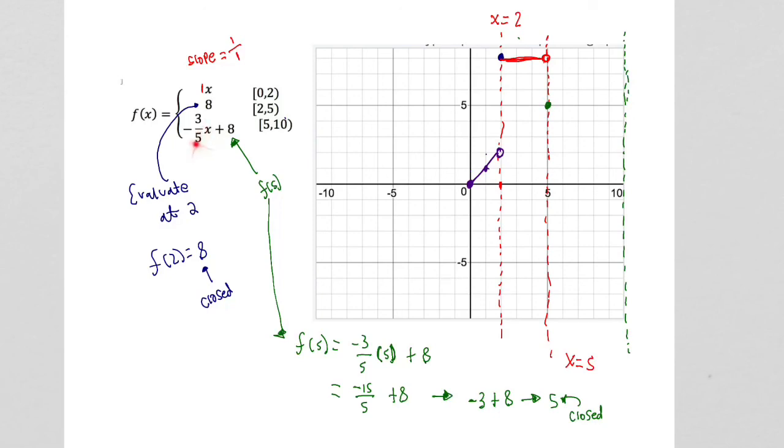The slope for this third part is negative 3 over 5, or you can say we're going to go down 3 and run to the right 5. So here we go 1, 2, 3, and then we're going to run 1, 2, 3, 4, 5 with an open circle because we had a parenthesis right here. And that would be the end of this piecewise function.